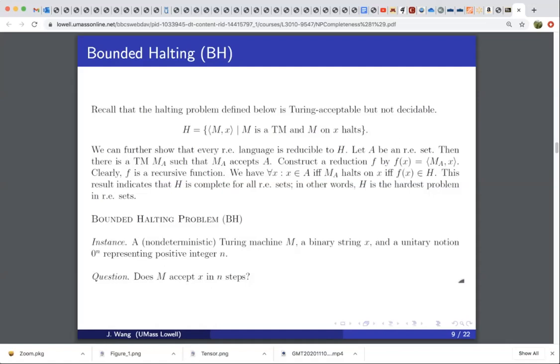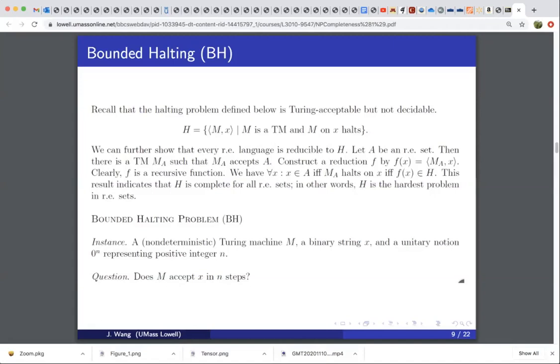We just let A be a Turing acceptable, or recursively enumerable, set. Then there is a Turing machine MA such that MA accepts X. This is the definition. So we construct a reduction F by F of X equals MA comma X. Then of course, F is a recursive function, computable by a Turing machine.